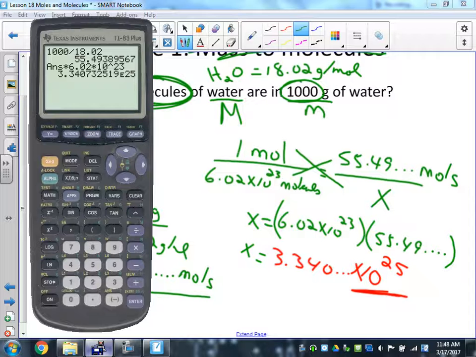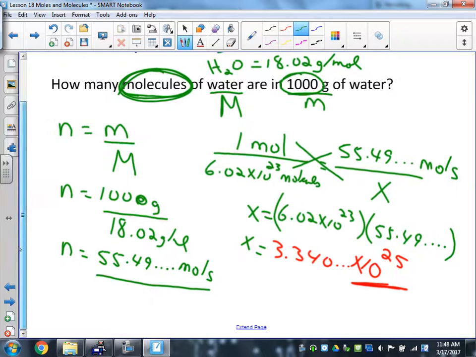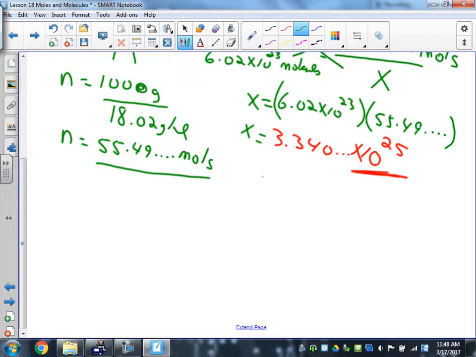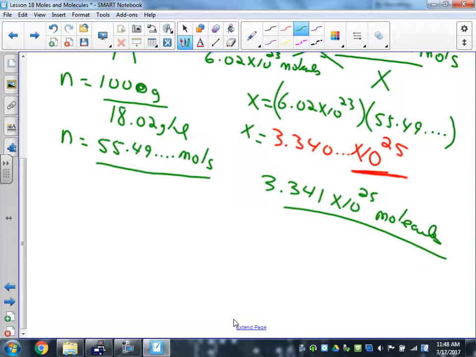Okay, is that good? So 3.341 times 10 to the 25. And of course that is molecules, yes? And that would be my final answer, okay? You're just taking the two parts, okay? Mass and molar mass, and then of course the ratio, 1 mole is 6.02, okay?